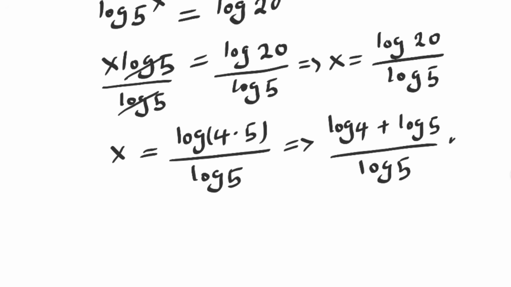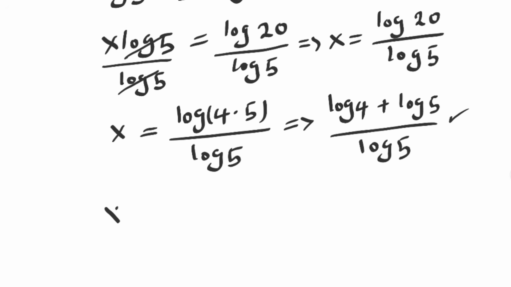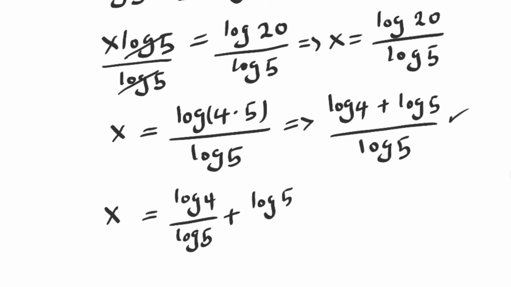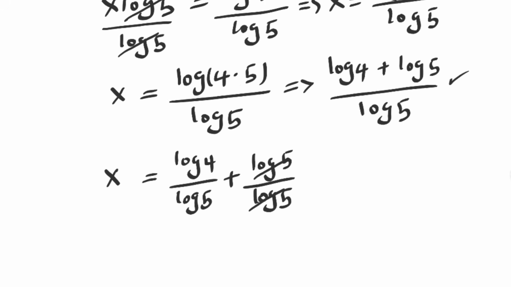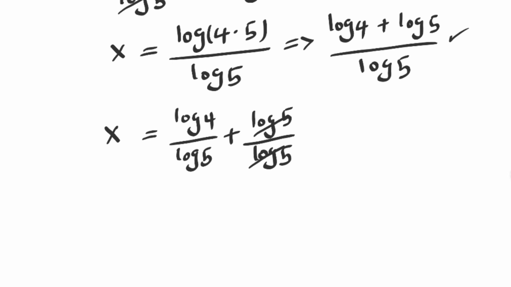If you split this, x is equal to log 4 over log 5 plus log 5 over log 5. This log 5 cancels this log 5. x is equal to log 4 over log 5 plus 1.